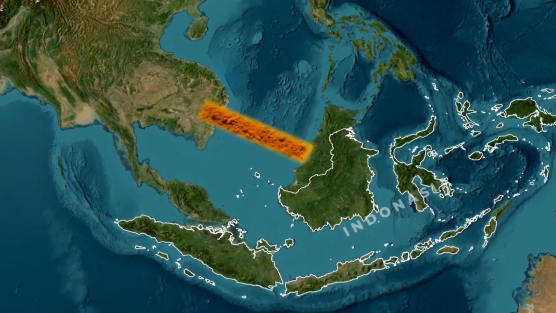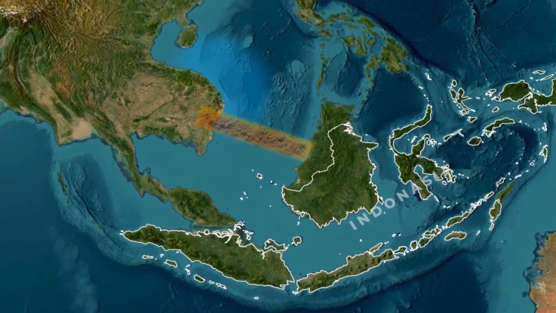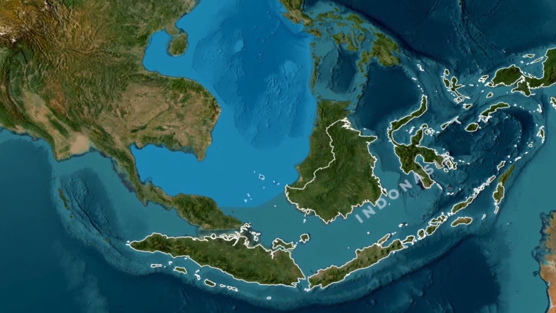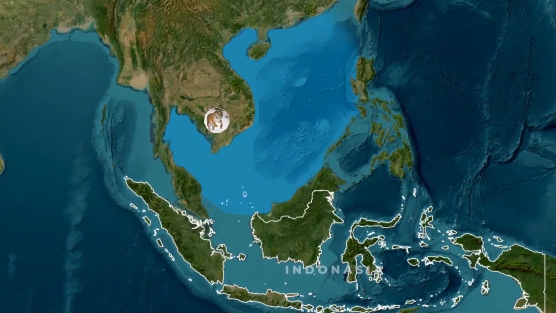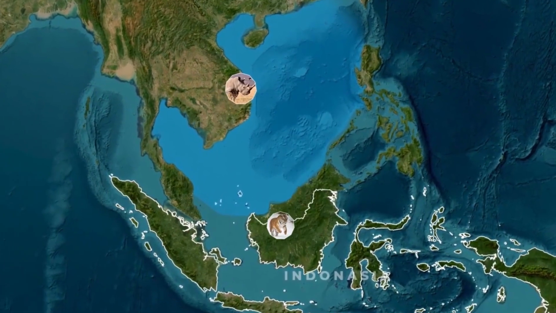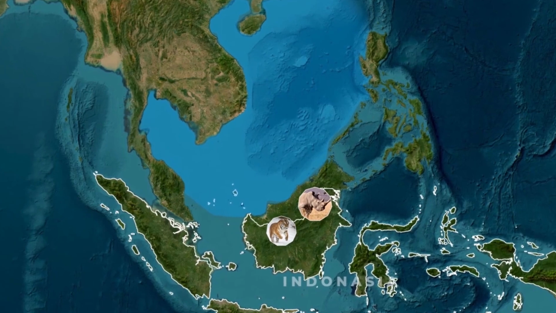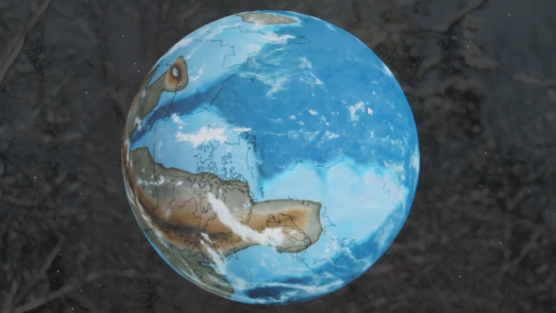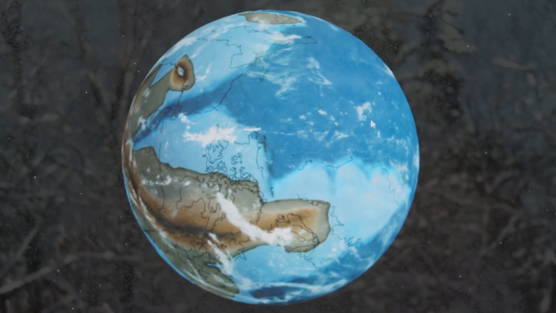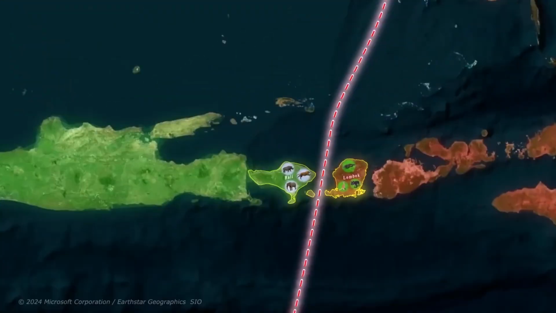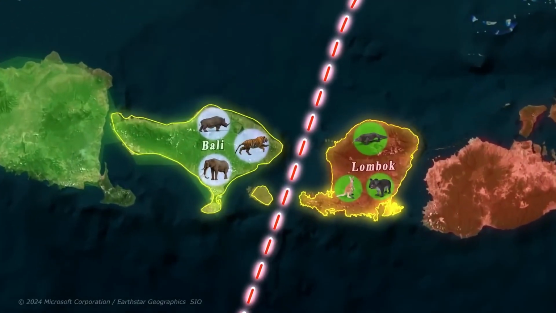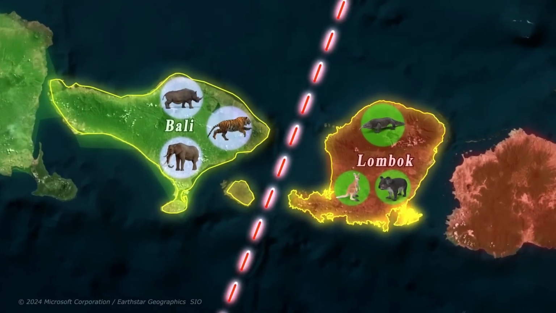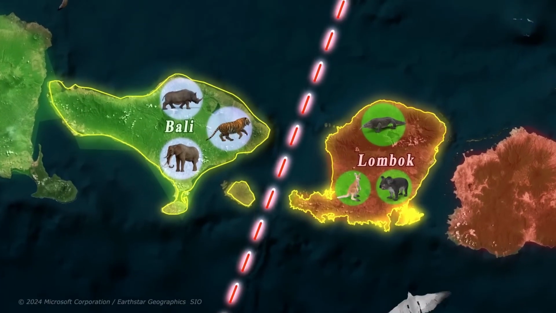Despite being separated by only a narrow channel of water, the Wallace Line acts as a significant barrier. The ocean depth between Bali and Lombok, for example, is so profound that it prevents land animals from crossing. During the last ice age, when sea levels dropped, other islands were connected by land bridges, but the Wallace Line remained a barrier, ensuring that species on either side continued to evolve separately.